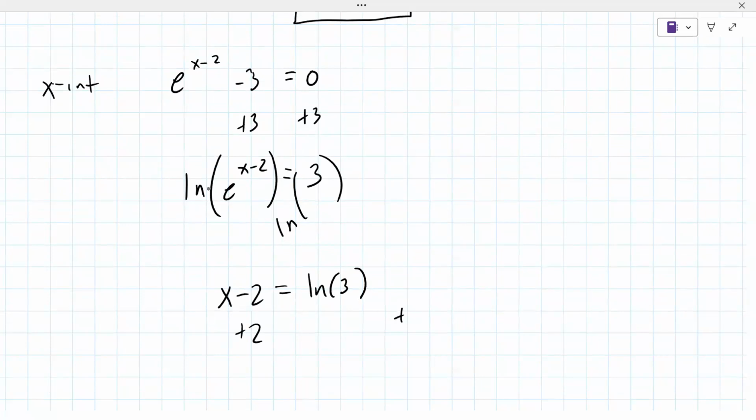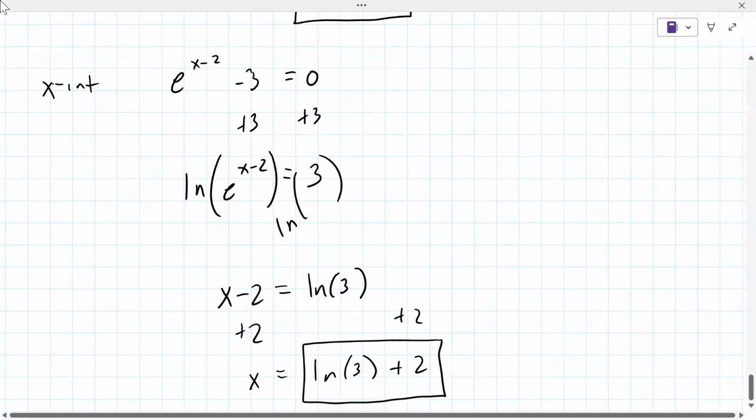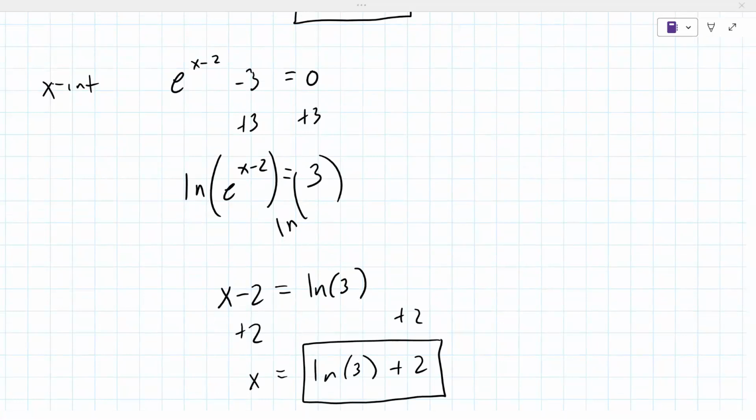Then you add 2. So x equals the natural log of 3 plus 2. I'm sure there's an option or way to enter that. Any questions on that? No.